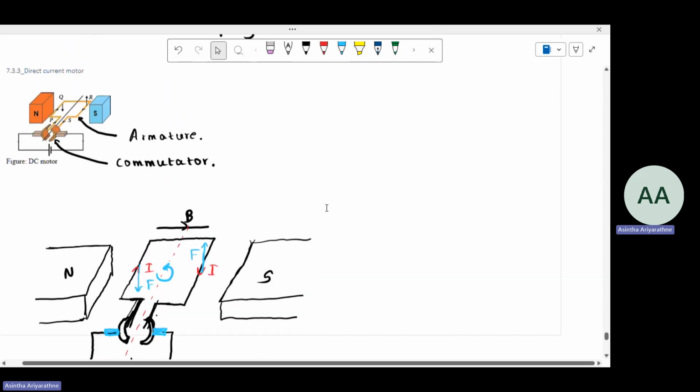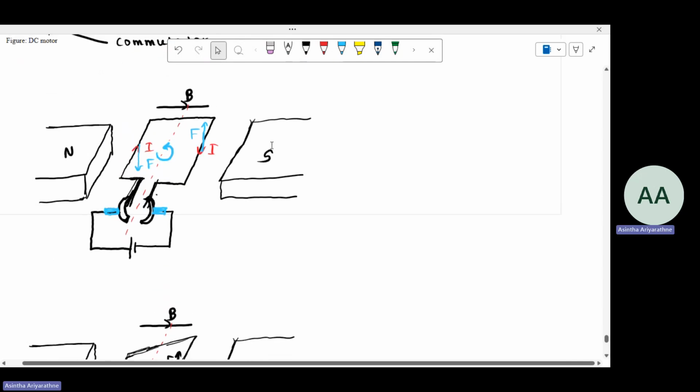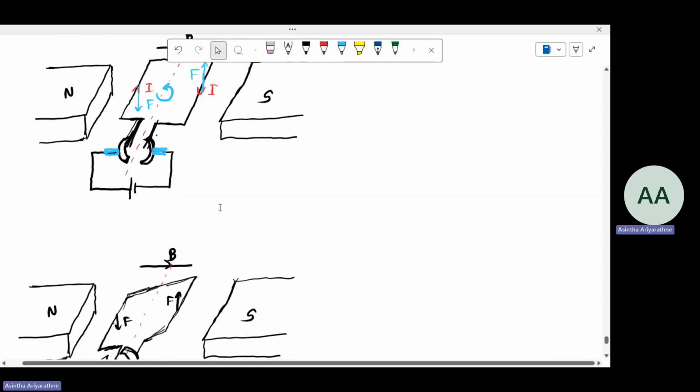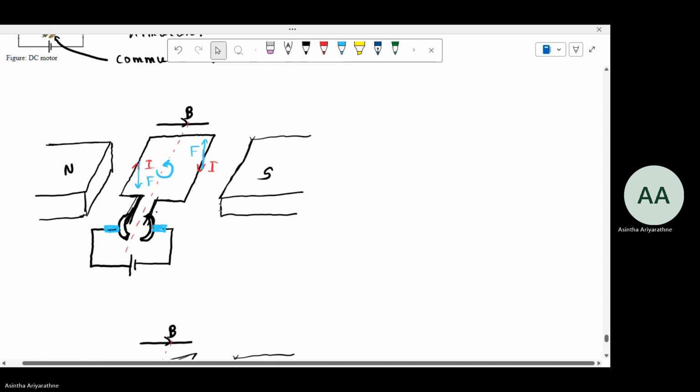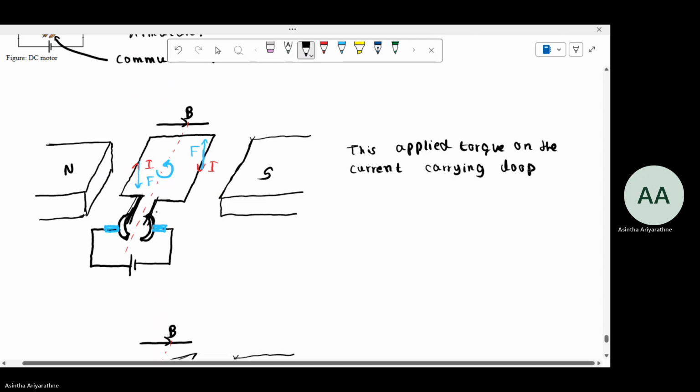Right, so that's how the DC motor works. The applied torque rotates the loop.